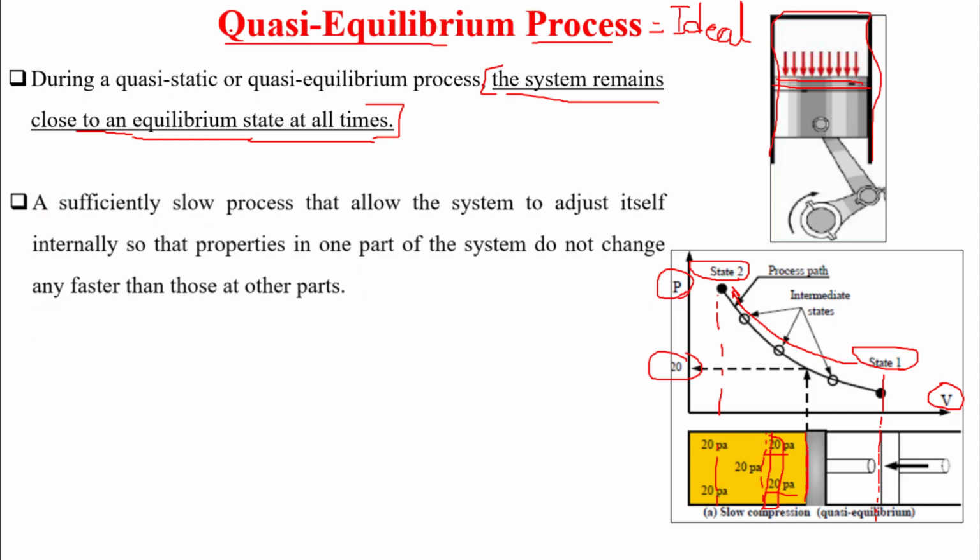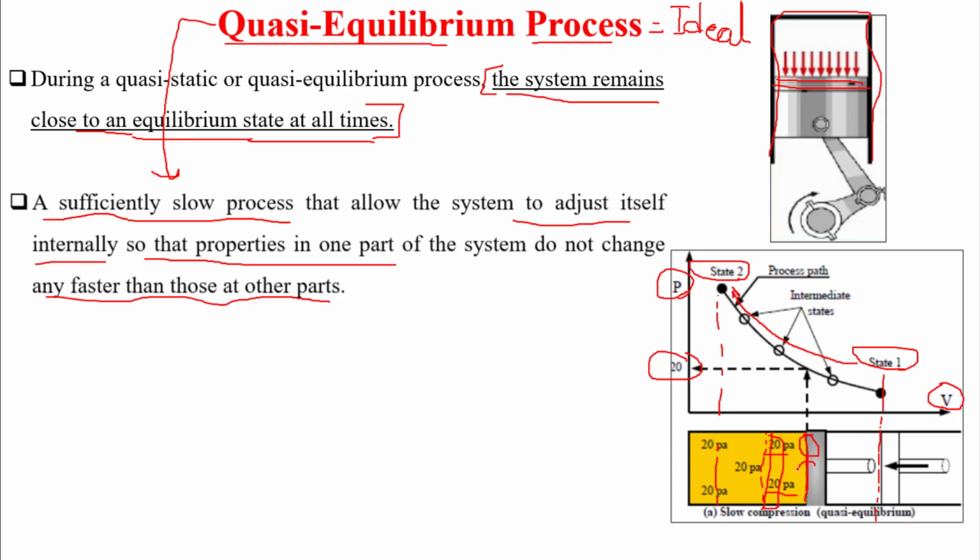This happens when the process is sufficiently slow, allowing the system to adjust itself internally, so that properties in one part of the system do not change any faster than those at the other parts.